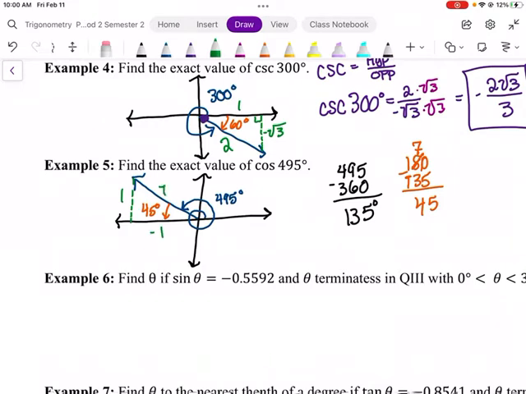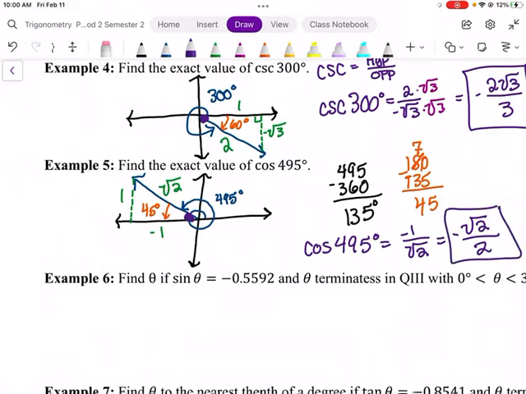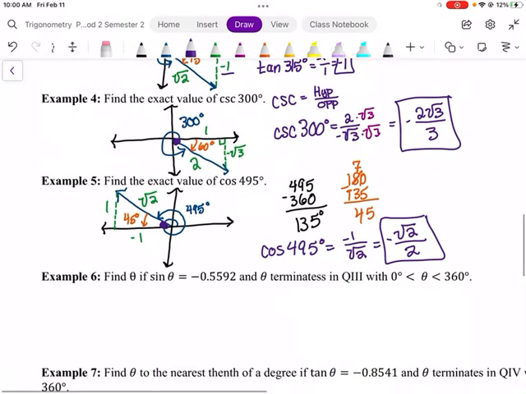Don't forget to add in the negatives when you're going a negative direction. So for this one, the bottom one should be negative. Now we can evaluate the cosine of 495 degrees, which is equal to the adjacent over the hypotenuse. So our final answer will be negative square root of 2 over 2. And that is our answer.